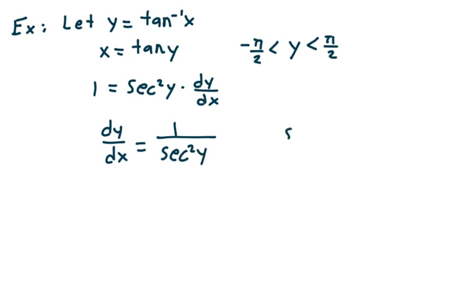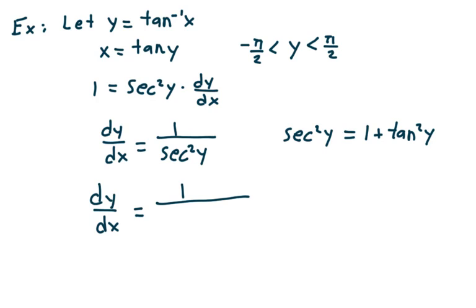But this is where we got to get comfortable. Remember, secant squared y is 1 plus tangent squared y. And so dy dx is 1 over 1 plus tangent squared y. But x equals tangent y.